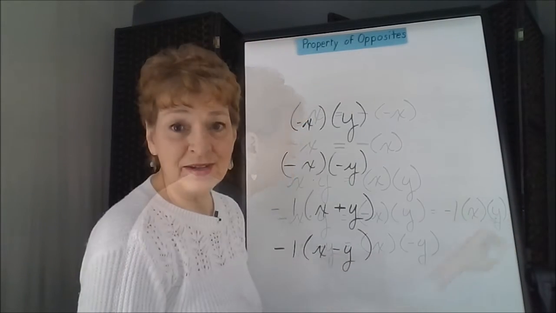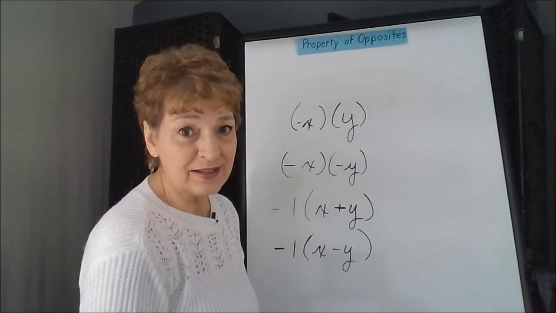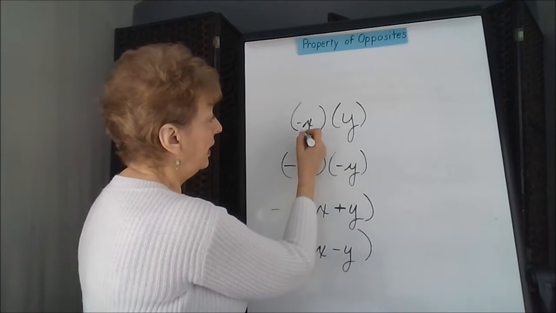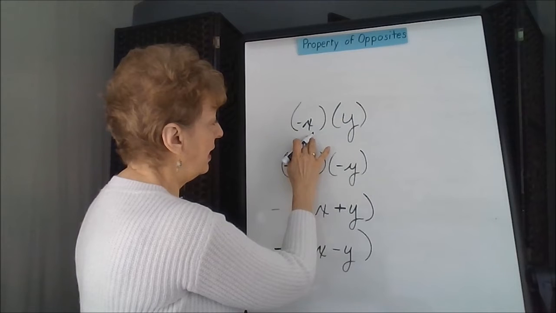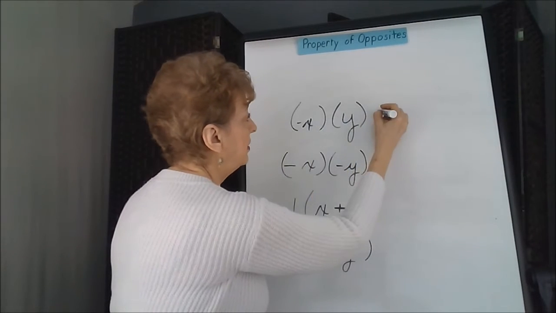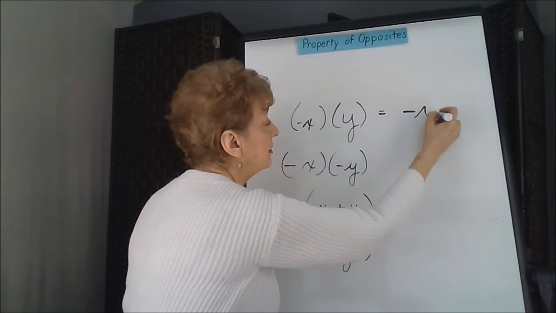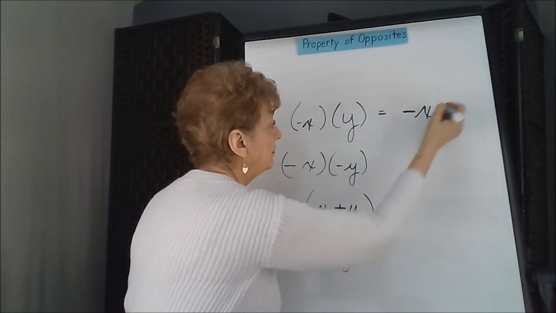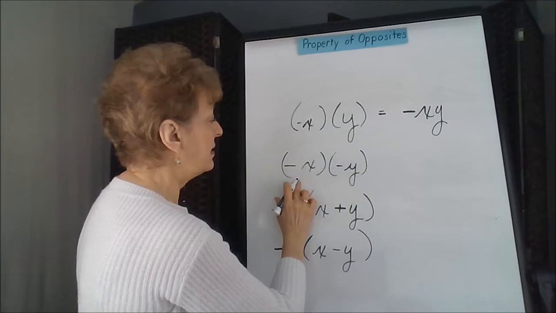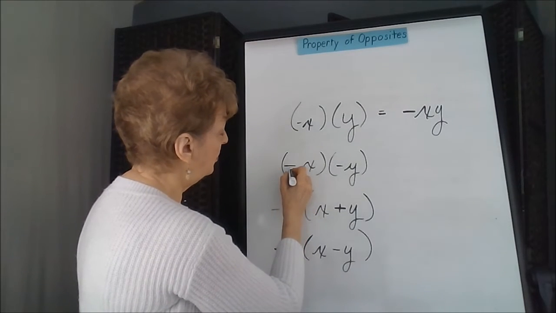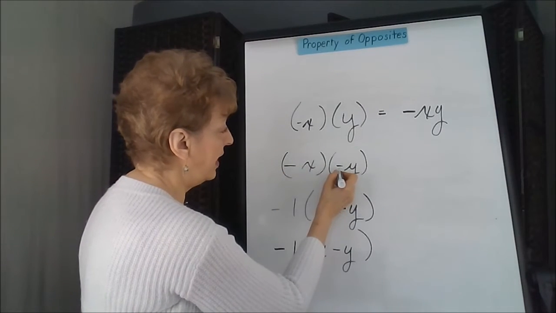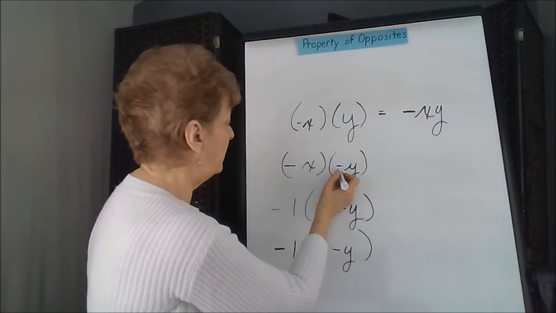Here are several other situations that you might run across. If you're going to multiply a negative times a positive, you're going to get a negative x, y. In this case, we're going to multiply a negative times a negative, following the rules for positive and negative.